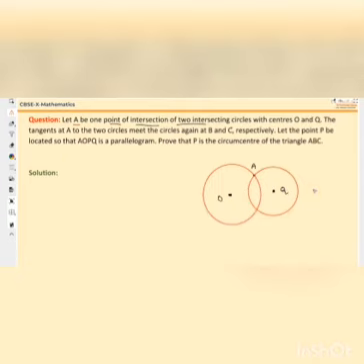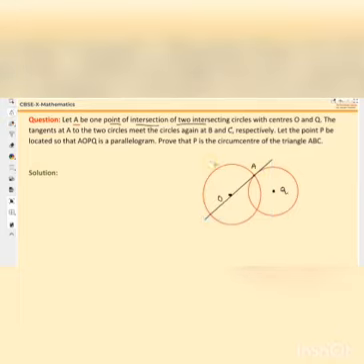Now what is said? The tangents at A to the two circles meet the circles again at B and C. That means if I try to draw a tangent to this circle with center Q, it will be something like this.